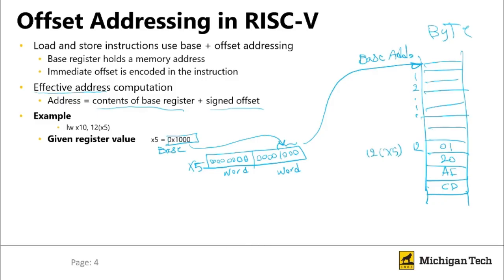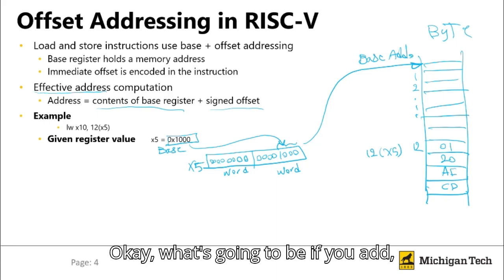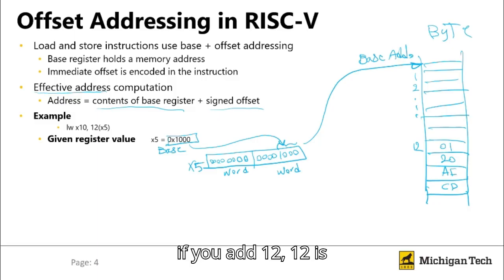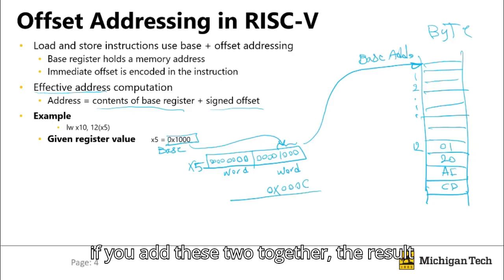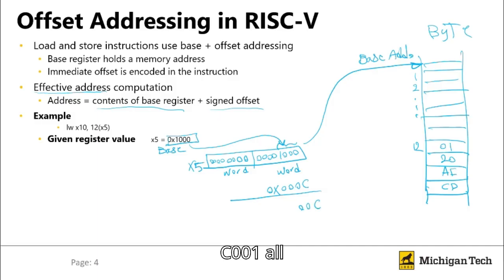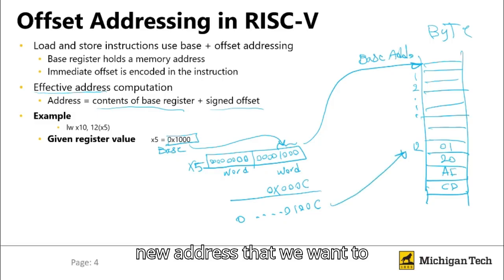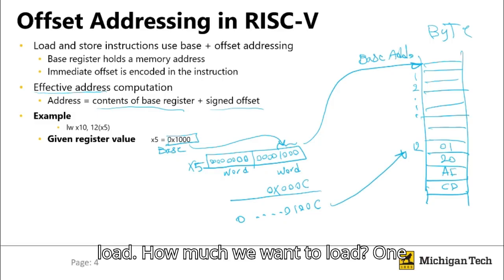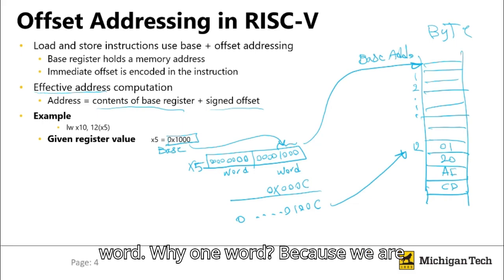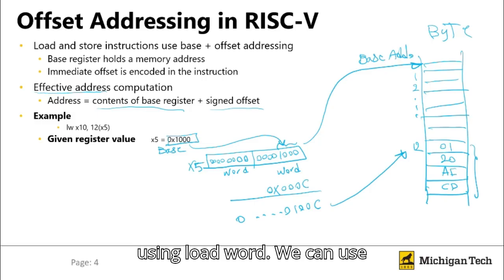x5. Okay, what's going to happen if you add 12? 12 is C. If you add these two together, the result is going to be C001 all 0. So this is the new address that we want to load. How much do we want to load? 1 word. Why 1 word? Because we are using load word. We could use load double word.